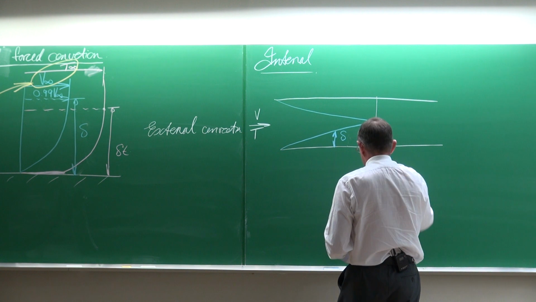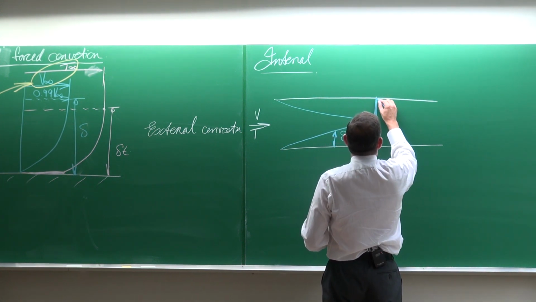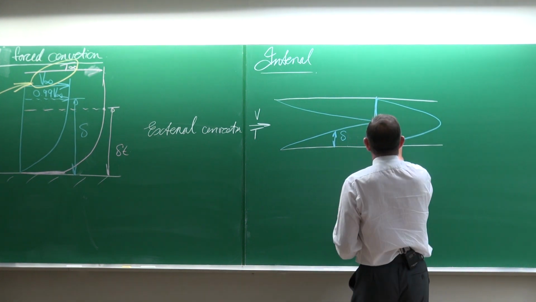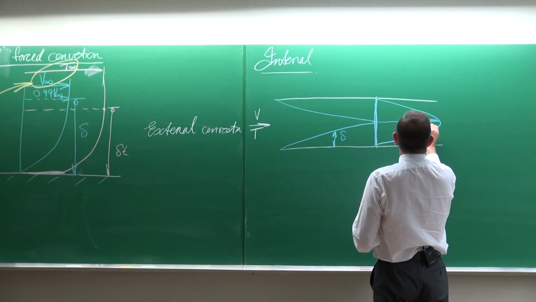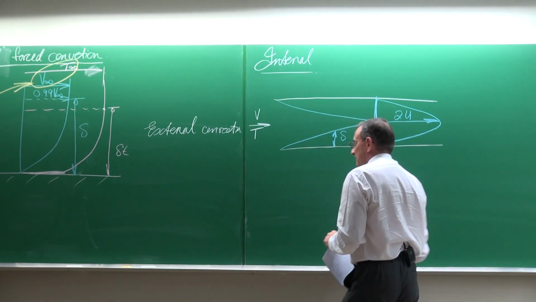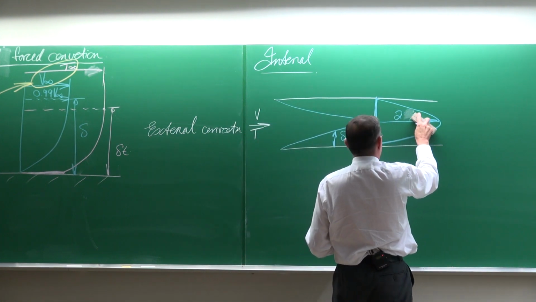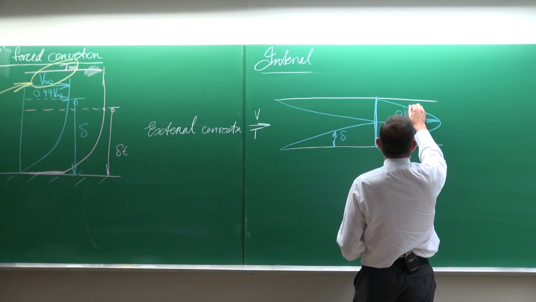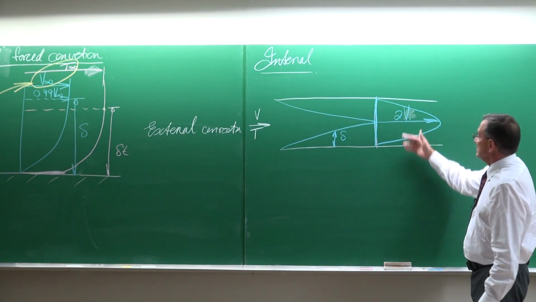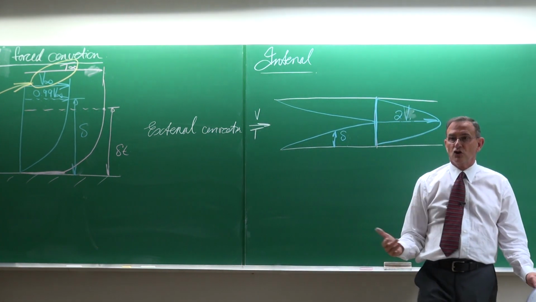And this velocity distribution here is going to be parabolic. And that velocity there is actually 2 times this velocity V. Let's rather make it a V than a U, like that, 2 times. So you will see that this velocity is much more than that inlet velocity.